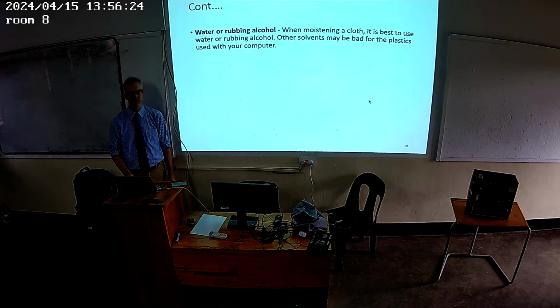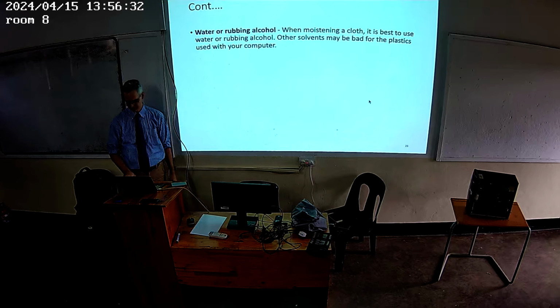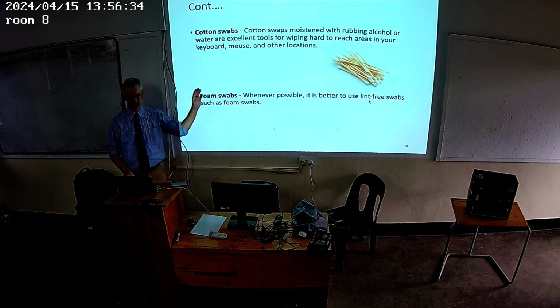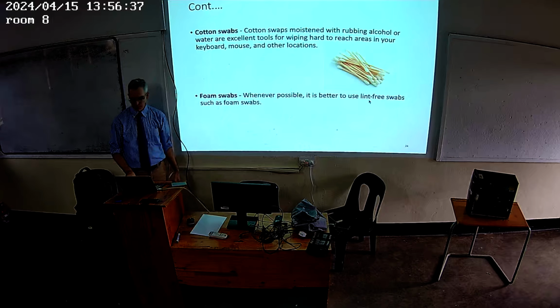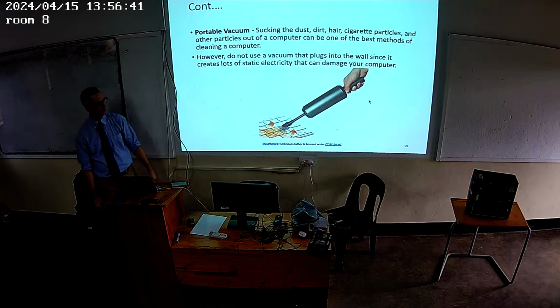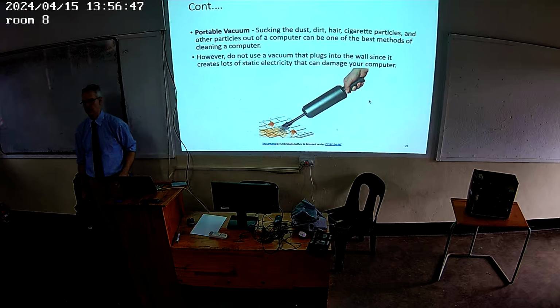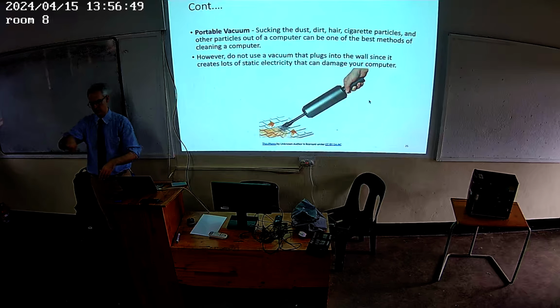But again, you use it by putting it on the cloth and then using that to clean, but never the electrical circuit. Swabs, either cotton swabs or foam swabs, for hard to reach places, and the portable vacuum can also be useful. So for example, I used it on my keyboard, not this one, but I have a keyboard at home. I use my portable vacuum to get hair and things out of it.